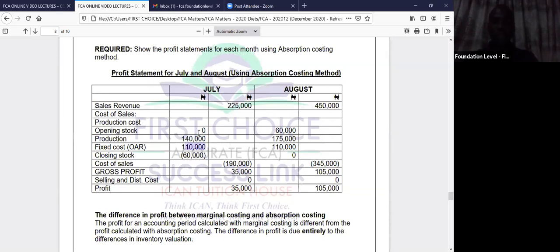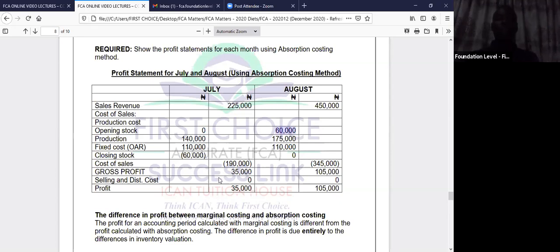That is what makes it 120. So if these two production costs are valued at 120, of course your closing stock should be valued at 120. If this and this are valued at 120, of course your opening stock should be at 120.